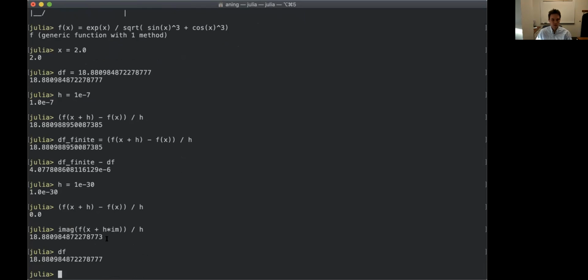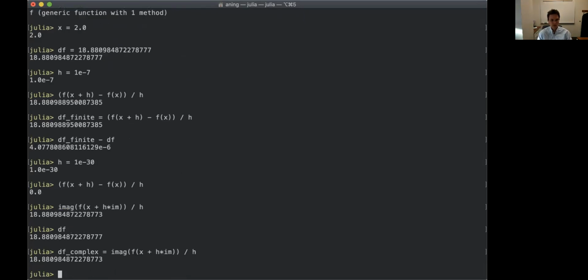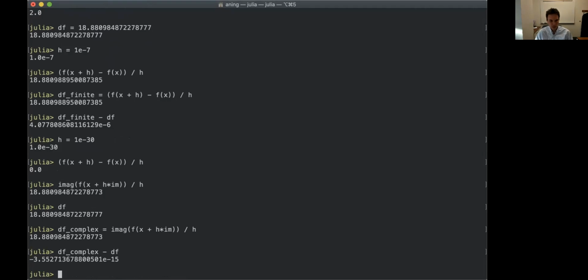The last number varies, but that will always generally vary. So machine precision, an exact estimate here, effectively. So let's call this df complex. If I subtract those two, I'm basically getting machine precision almost.